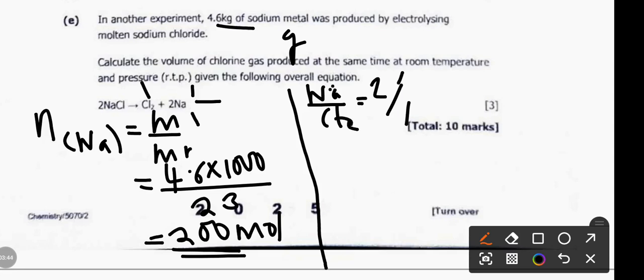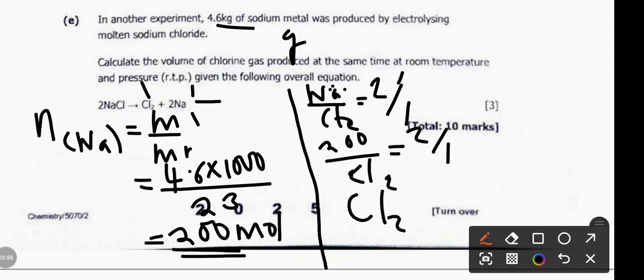Number of moles of sodium is 200, so you can replace 200 there, over the chlorine gas, equal to 2 over 1. If I do my basic math here, I'm getting the number of moles of chlorine gas as being equal to 100 moles.